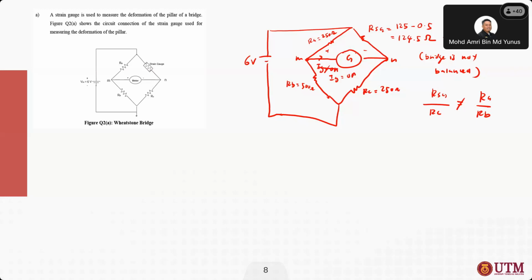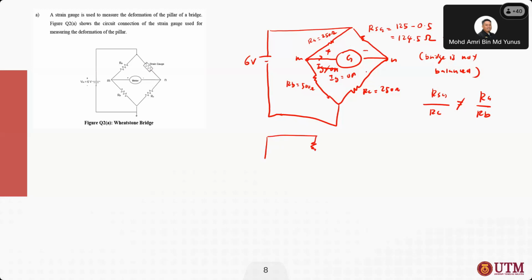A digital voltmeter has RG equivalent to infinity, so it takes virtually 0 ampere current, but it can detect the voltage between points M and N. So when IG is equal to 0, it looks like an open circuit.